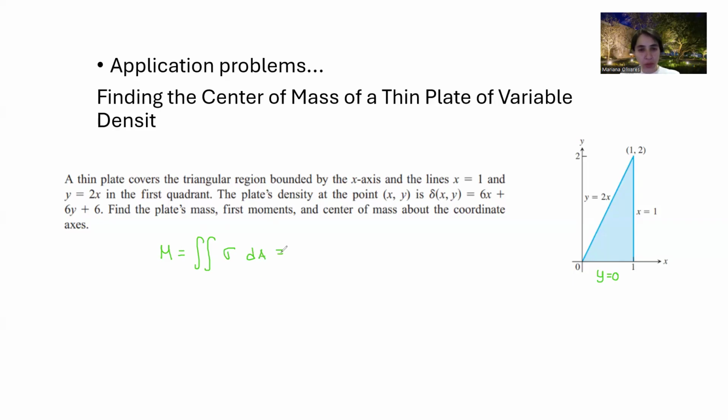So with that, we can rewrite this as 6x plus 6y plus 6. And we have to change this dA, this differential of area, by dx dy or dy dx.